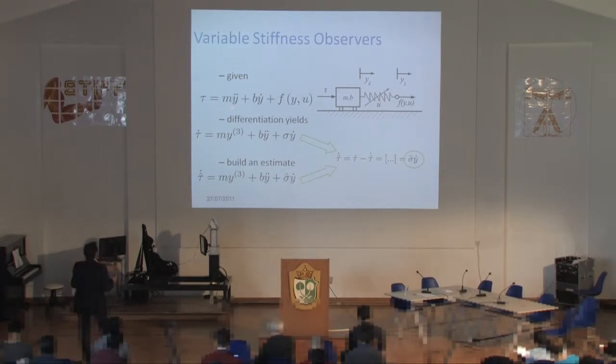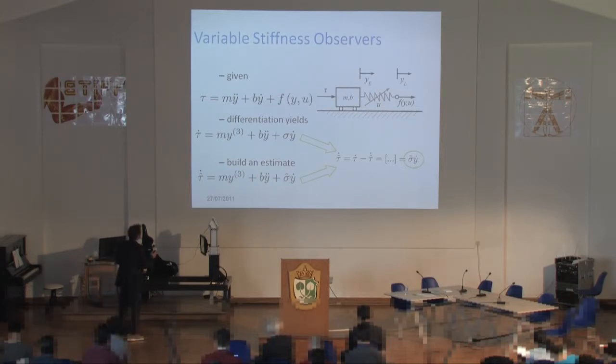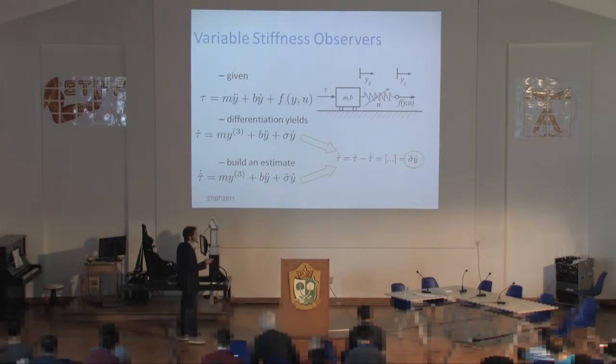It's very simply using the model of the system, using M and B, and differentiating this equation, you get the third derivative of the output. This is the derivative of the torque. You build an estimate based on your stiffness sigma, and you have an estimate sigma hat. This is how the torque would change with your best effort estimate. Then you compare your estimate with the true value, and you have an error in prediction. Then this error is the error in stiffness times the velocity.